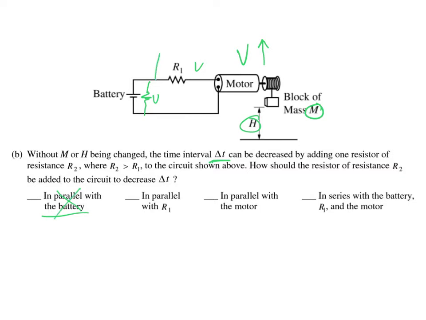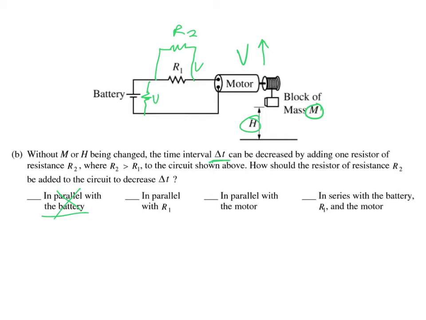So if we go up here and we put another resistor right here, at that point the current would split, okay? So the current's going to split between R1 and R2. R2's right up there. And then it's going to come back together and go to the motor. So we might think that that might not work because the current's got to split. But the current comes back together.